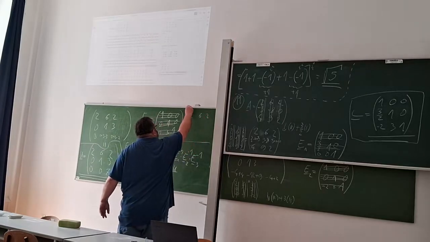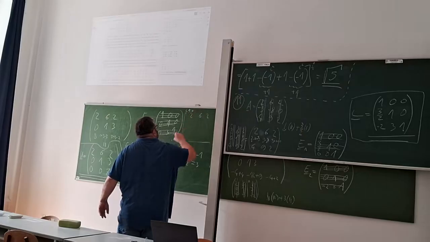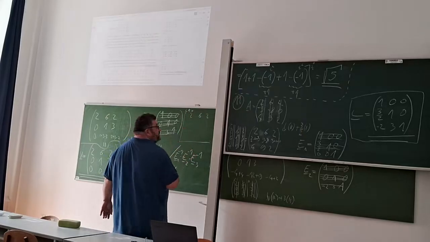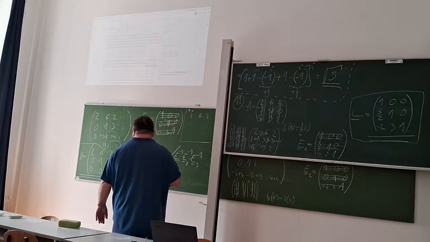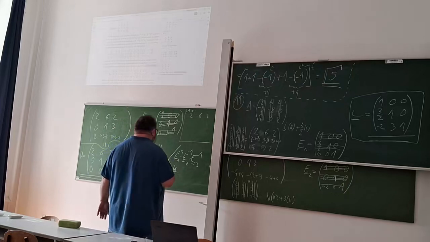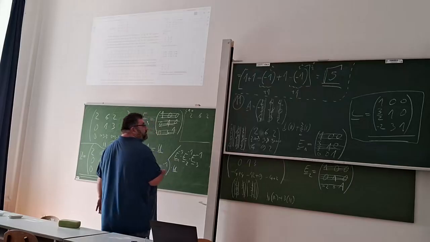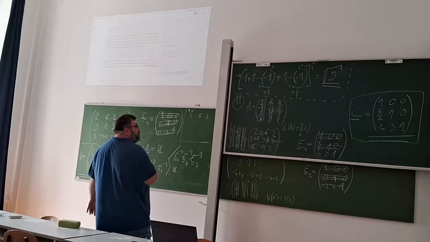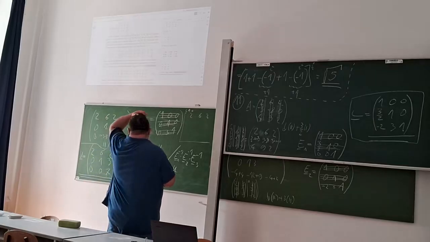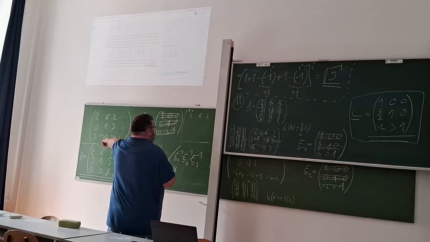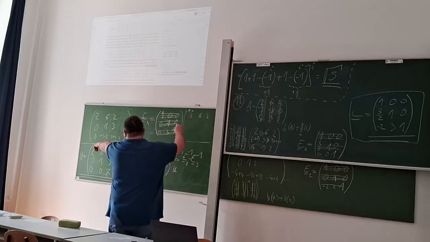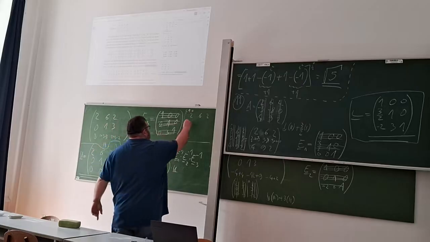This is the LU. 3, 6, 2, that's fine. Then 3 times 0 is 0. No. That's 3.